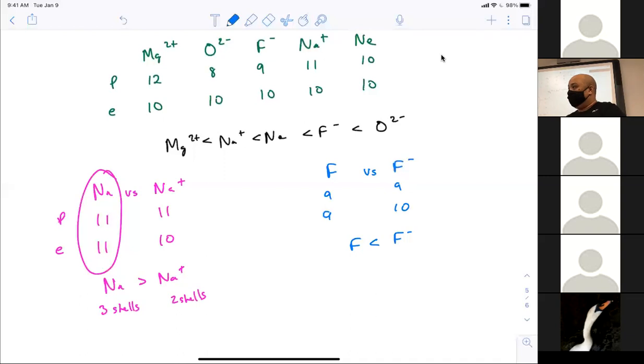Does that make sense? I was going to ask why it's not a shell. Correct. Fluorine can afford to gain one more electron before it reaches octet. Questions on that?